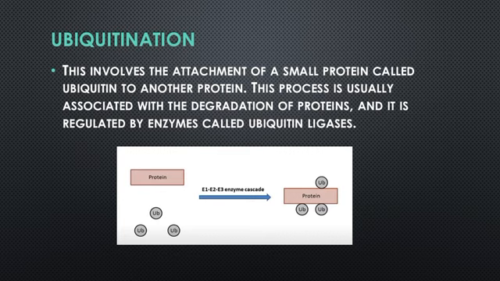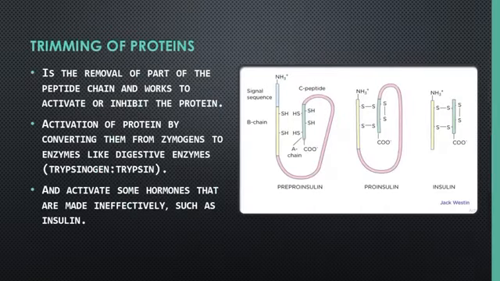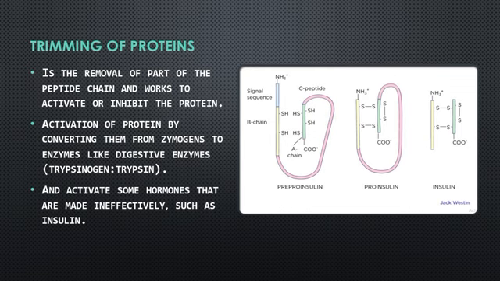As shown in the figure, protein degradation involves the E1, E2, E3 enzyme cascade, regulated by ubiquitin ligases.